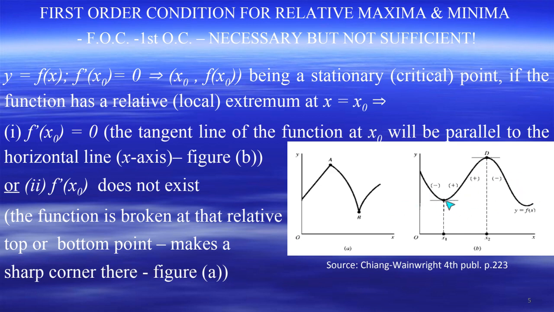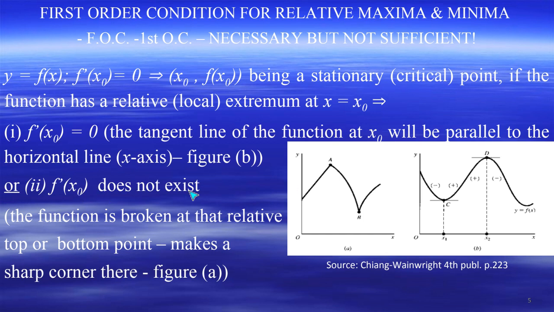So we have smooth valleys and smooth hills. Then at the bottom of the valley or at the top of the hill, at the local minimum and maximum, the first derivative is 0. The tangent line of the function at x0 will be parallel to the x-axis, as we see in figure B here. Or there is another possibility as well.